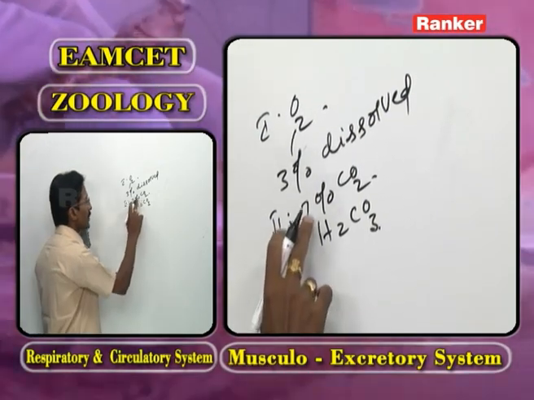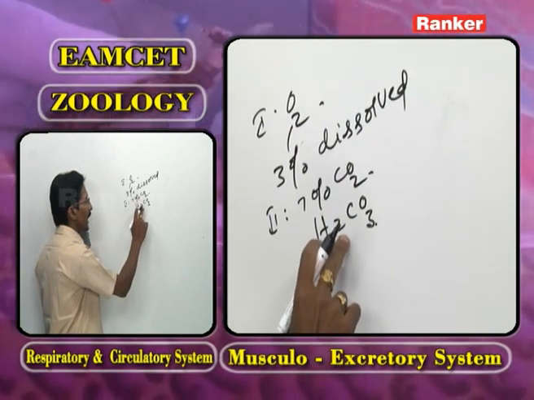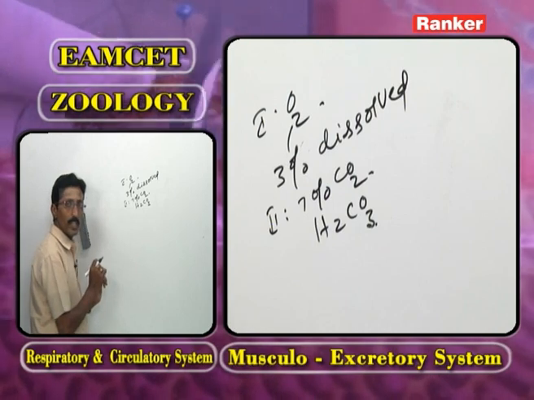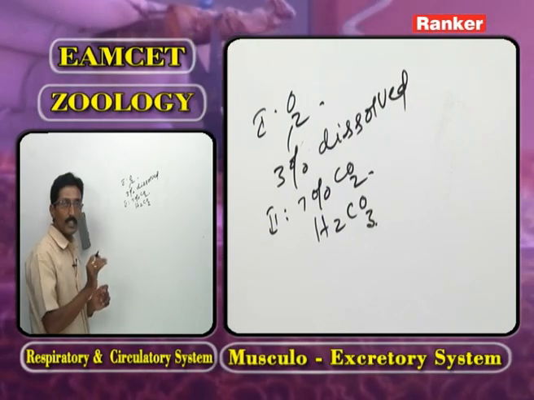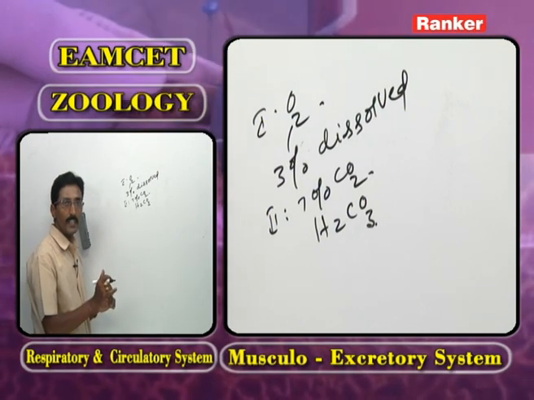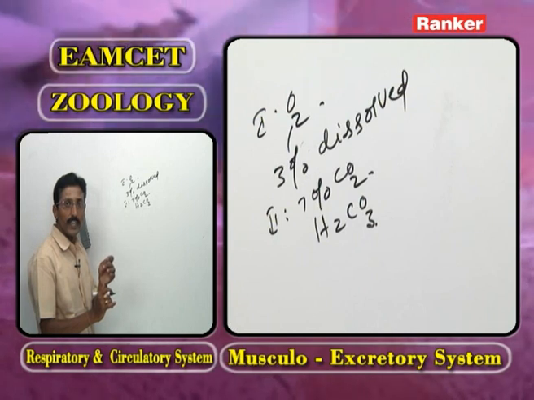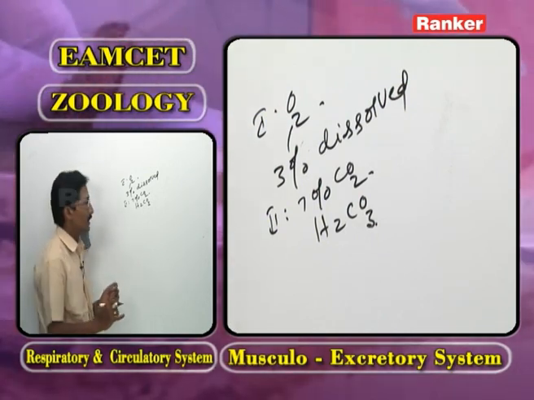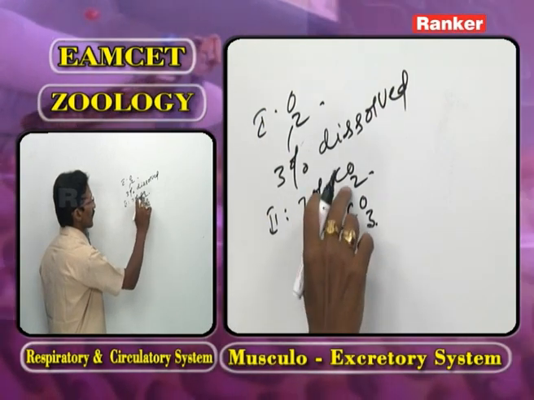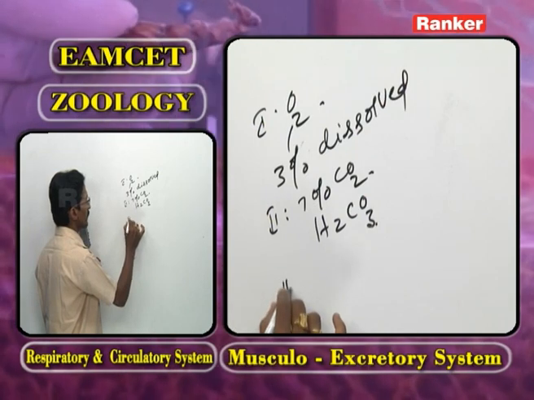If much carbon dioxide were transported as H2CO3, what is going to happen? The pH decreases. That means acidity increases. Such increasing acidity leads to death of the cell. So, only 7% of carbon dioxide is transported as H2CO3.